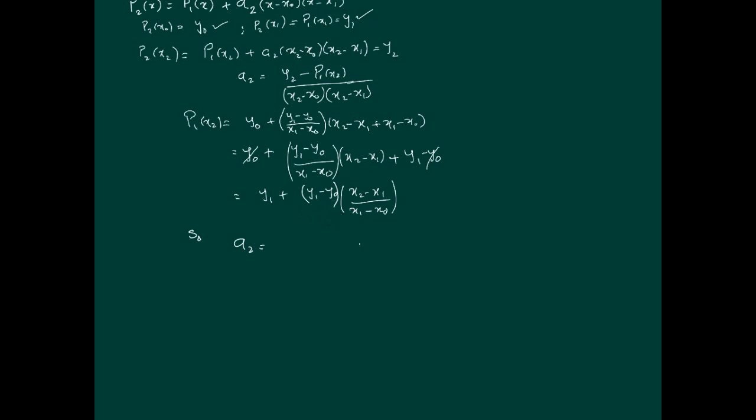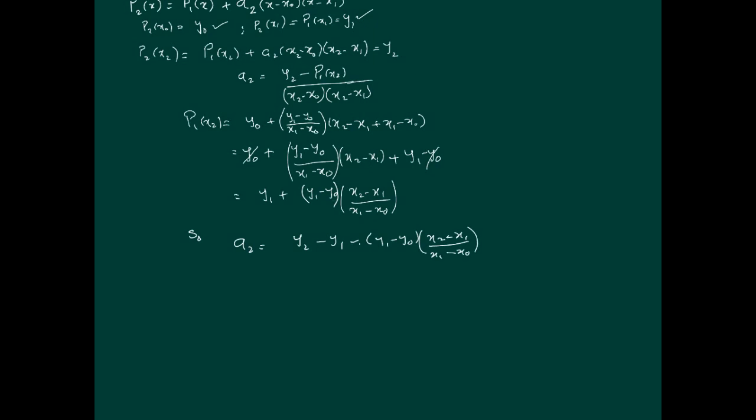Anyway, so now a2, as you see here, we'll put this P1 of x2 that we've calculated, this whole P1 of x2, back in here. So when we combine it, we end up with the following. We'll have y2 minus y1, into, this will be y2 minus y1 minus y1 minus y0 into x2 minus x1 over x1 minus x0.